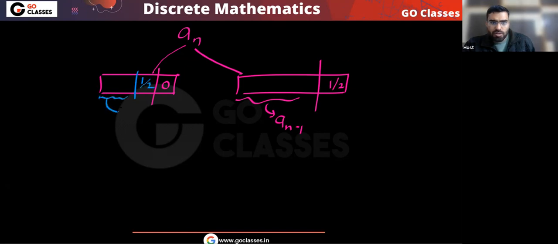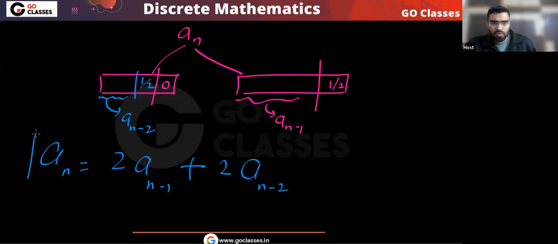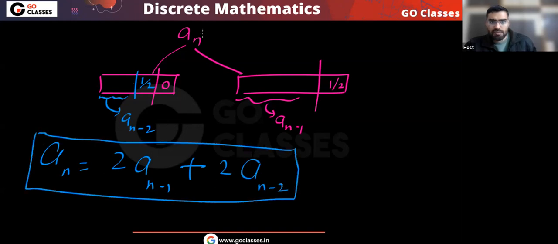So a_n is twice a_{n-1}, because here you have two choices, plus twice a_{n-2}, since again you have two choices, either 1 or 2. So this is your recurrence relation.